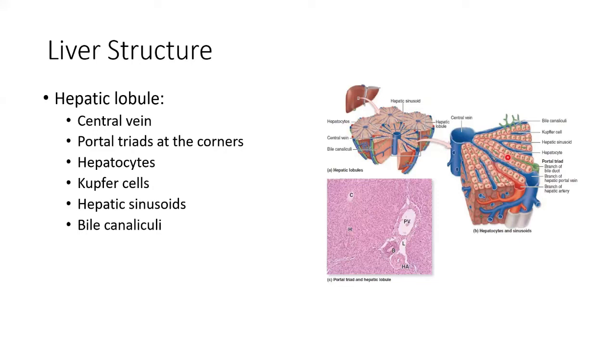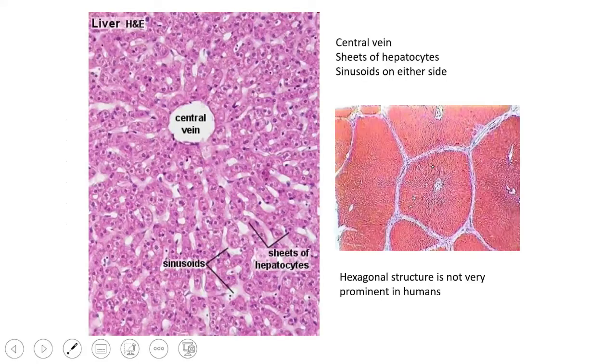Then between the hepatocytes, you have the bile ducts. Here a portal triad is shown, with the portal vein, a bile duct, and the hepatic artery, and also you have small lymphatic vessels within. Here is the central venule and hepatocytes arranged radially. In these also you can see here, this is the central vein, sinusoids and hepatocytes.